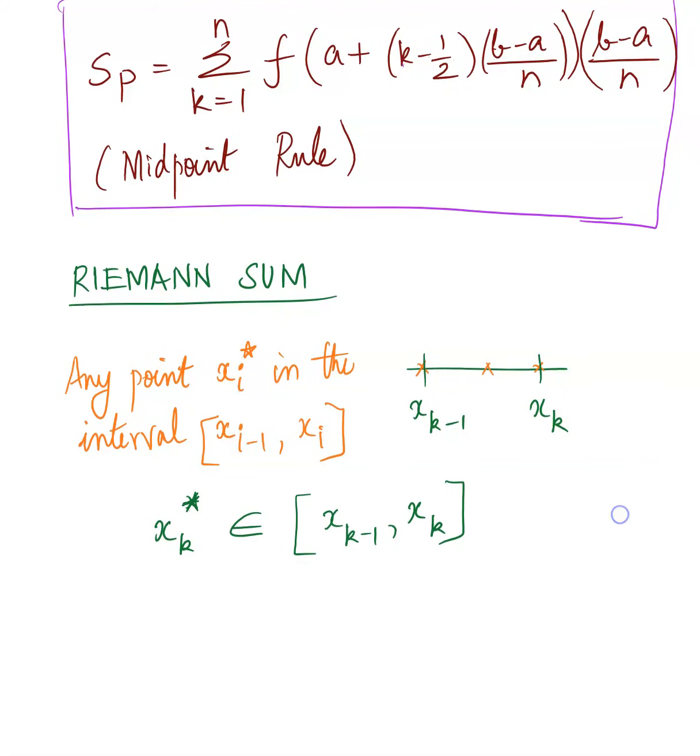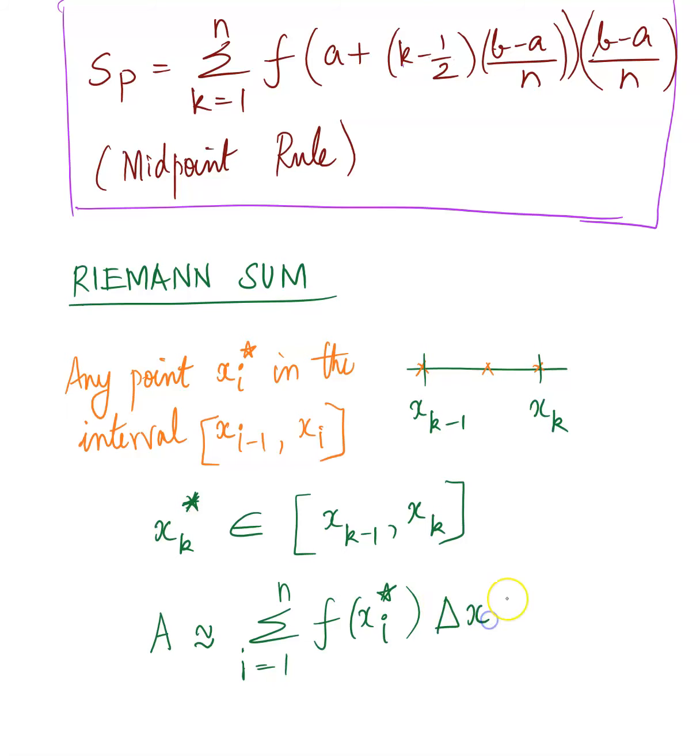And so all he said was, all you have to do is understand that the area will be approximately equal to summation i equals 1 to n, f of xi star, because xi star is any value in the interval. It could be the left endpoint, the right endpoint, the midpoint, or any other point, right?